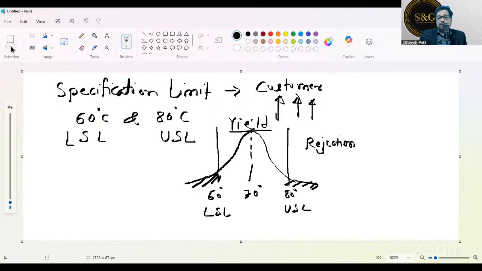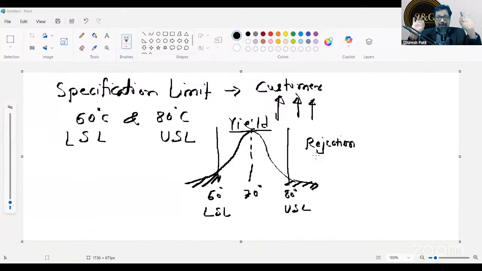Application everywhere. So whatever you have mentioned, specification limits, you have given examples. All these are specification limits. The example I gave was for explanation.